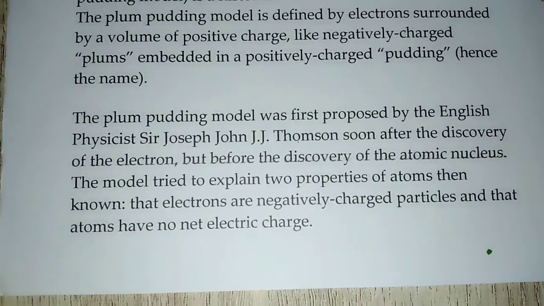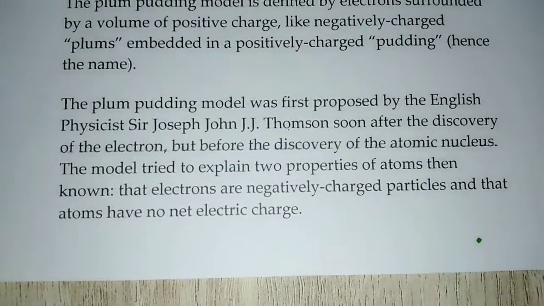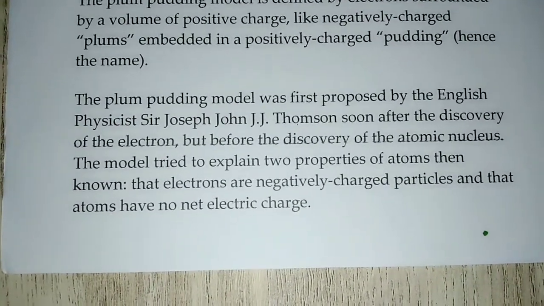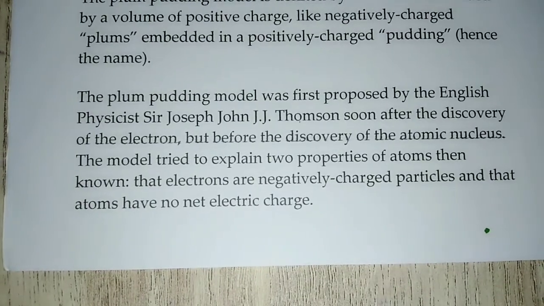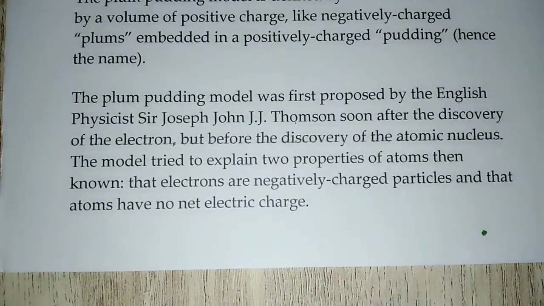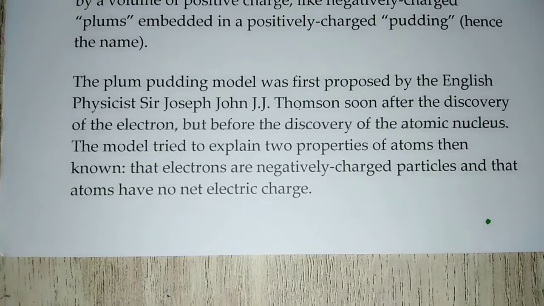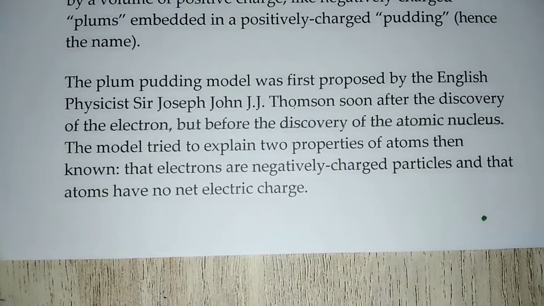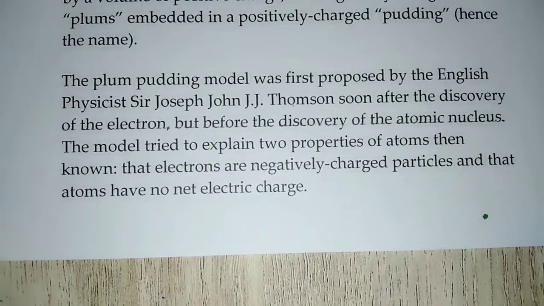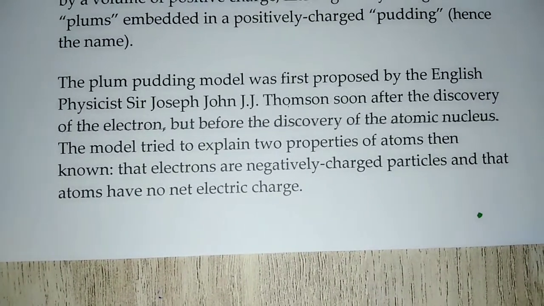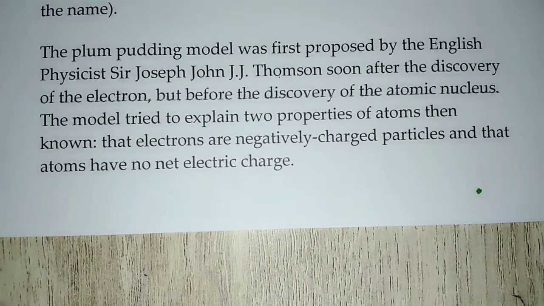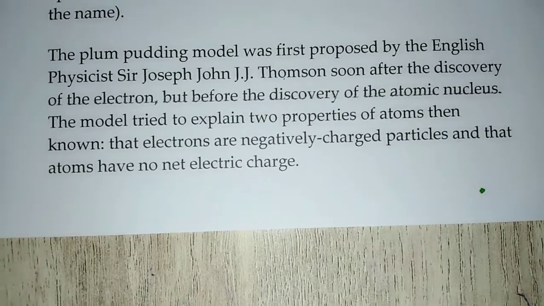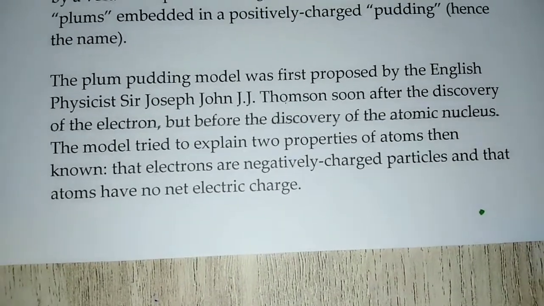The plum pudding model was first proposed by the English physicist Joseph John J.J. Thomson soon after the discovery of the electron, but before the discovery of the atomic nucleus. The model tried to explain two properties of atoms then known, that electrons are negatively charged particles and that atoms have no electrical charge.